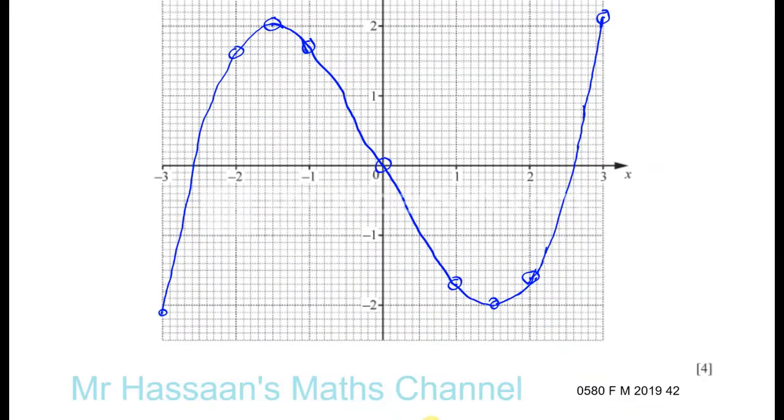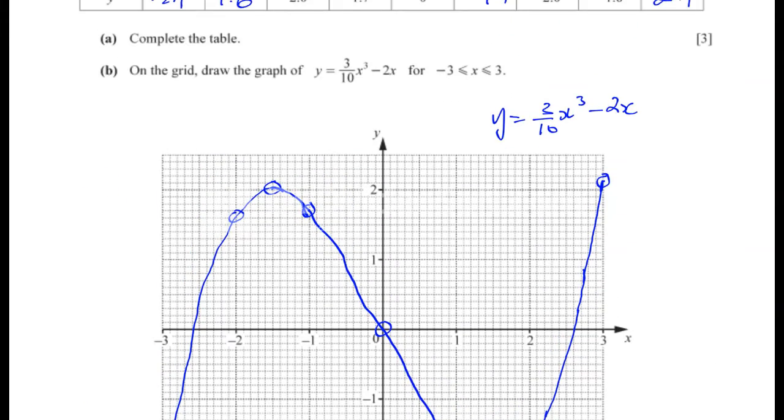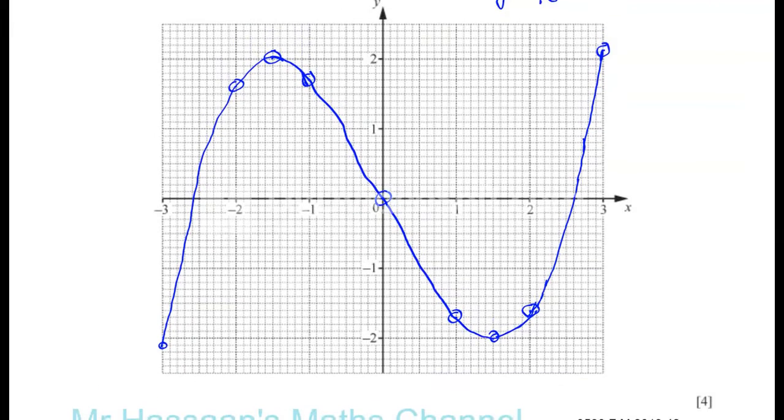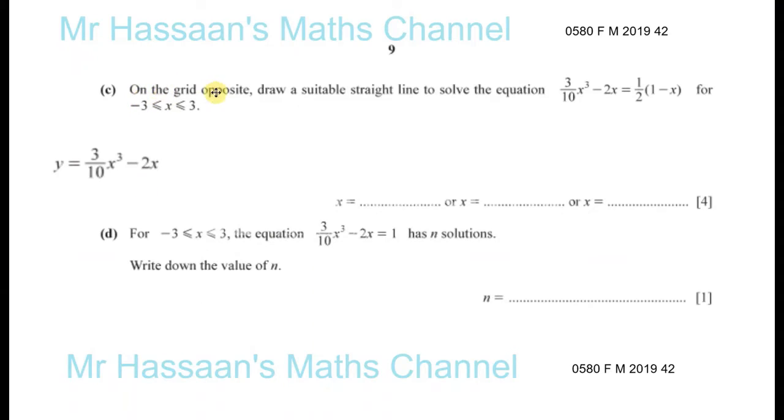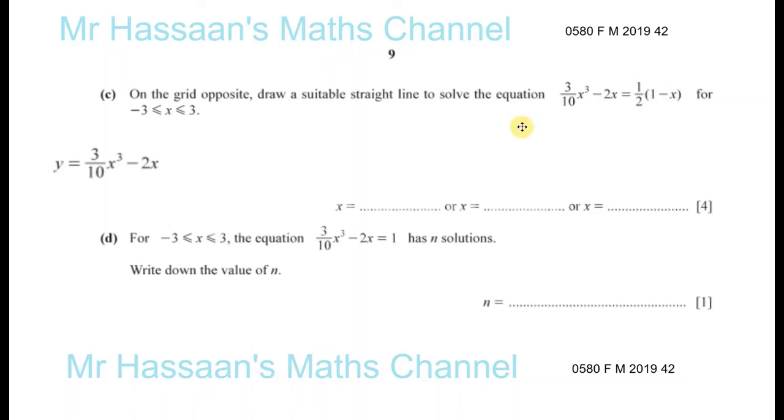Okay, now to continue to part C. Here we have to do the following. Part C, we have to, on the grid opposite, draw a suitable straight line to solve the equation 3 over 10 x cubed minus 2x equals a half times 1 minus x.